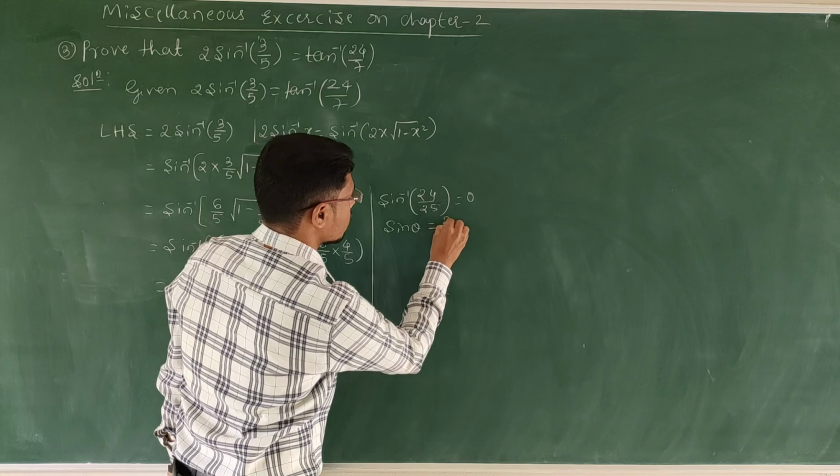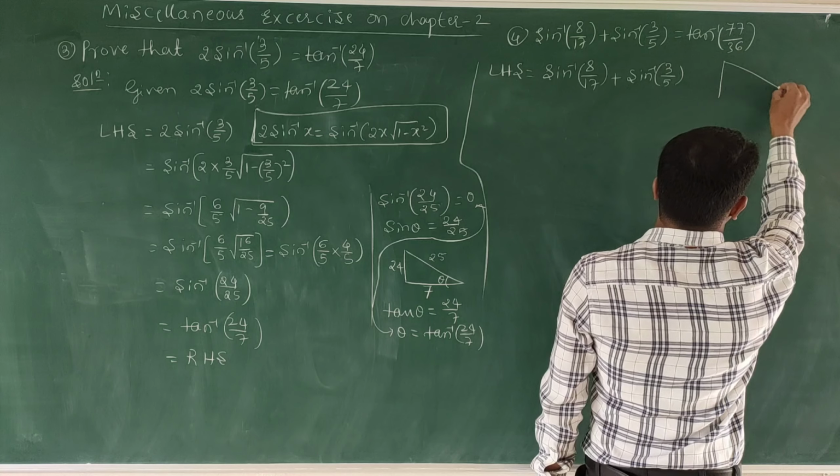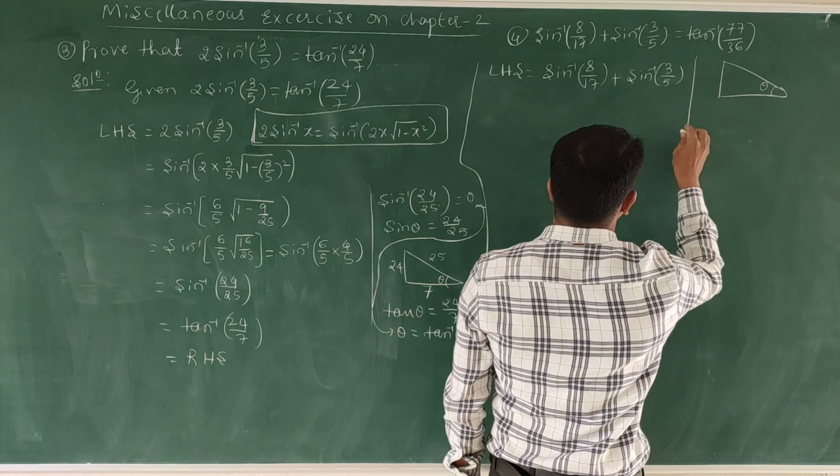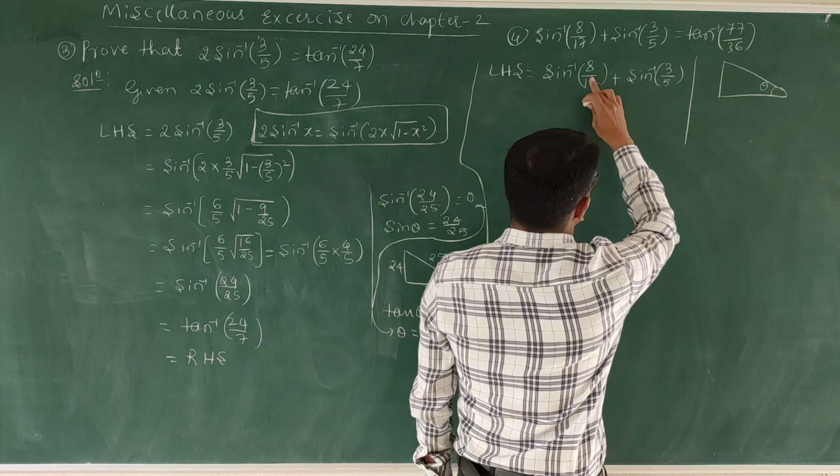LHS, sine inverse of 8 by 17 plus sine inverse of 3 by 5. Okay, so just convert these two to tan. So I will draw the triangle here. Theta, sine is opposite by hypotenuse always. Okay, so opposite 8, hypotenuse 17.